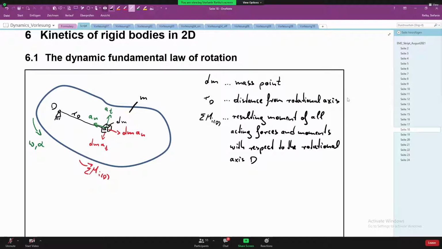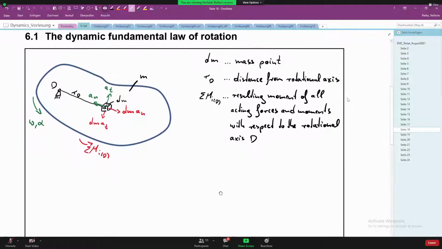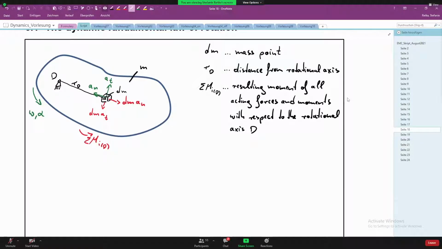Okay, now the resultant moment of all acting forces is not equal to 0. That's the main difference to our chapter 4 problems. Now we have to consider the inertial forces in our momentum equation as well.